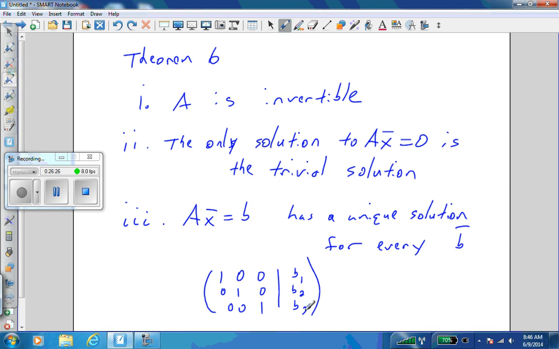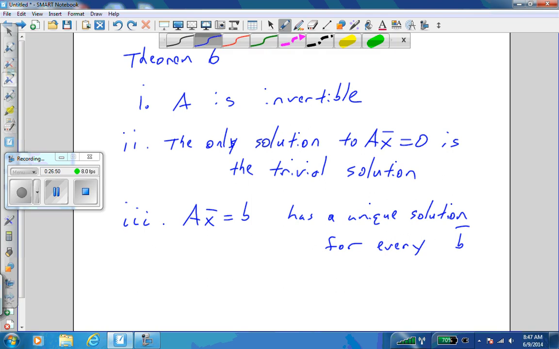So x sub 3 is whatever that last number turns out to be. X sub 2 is whatever the last turns out to be. X sub 1 the first, once we row reduce everything. So if A is invertible, then the homogeneous and the non-homogeneous system have unique solutions.